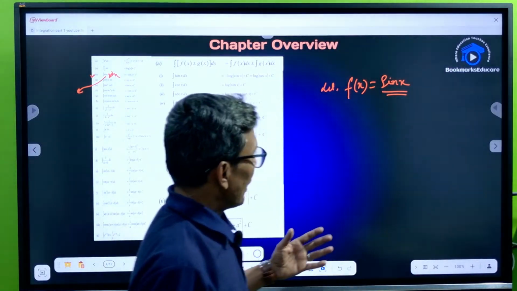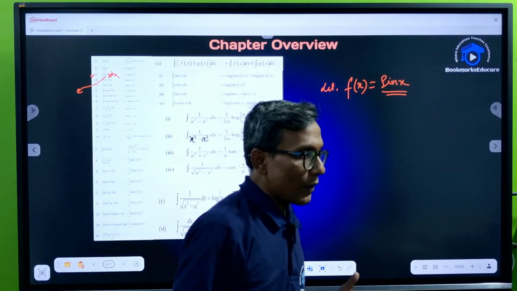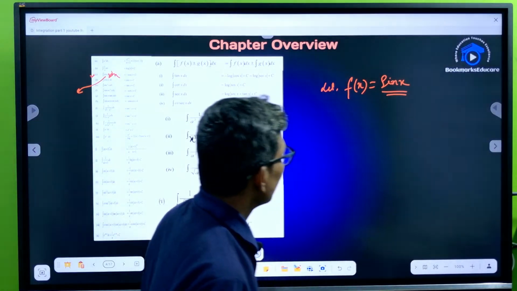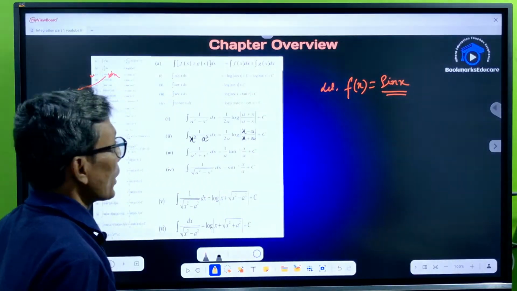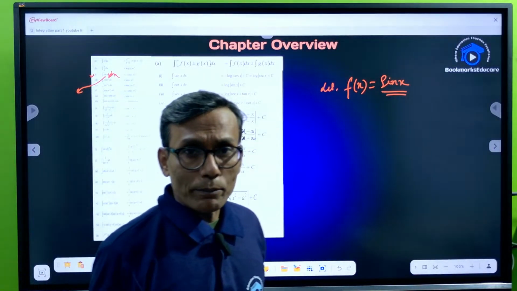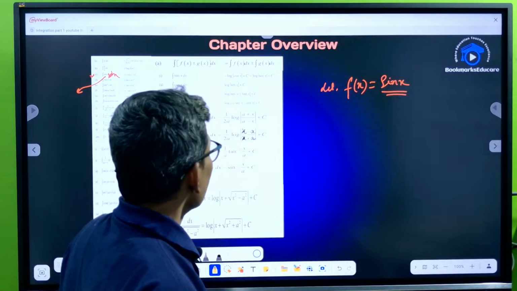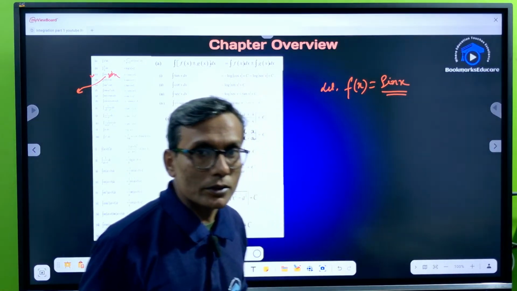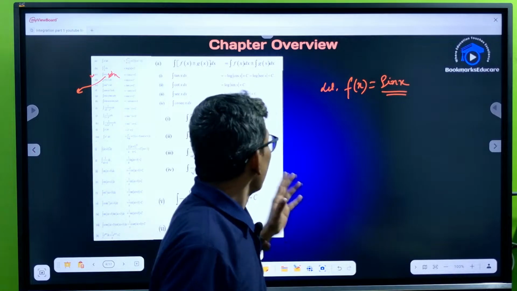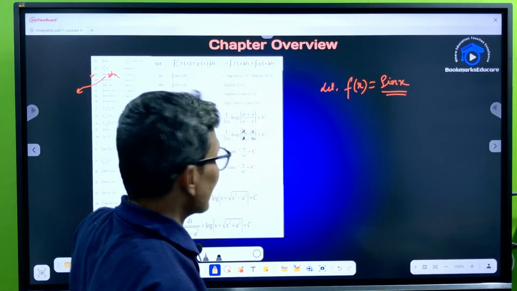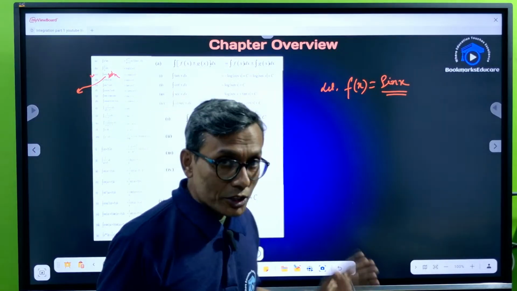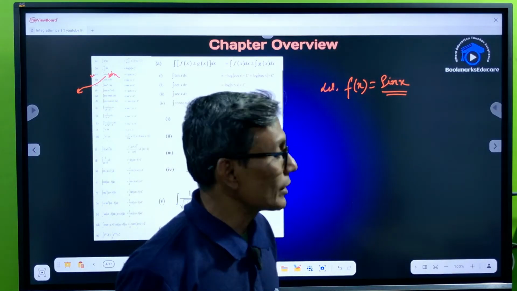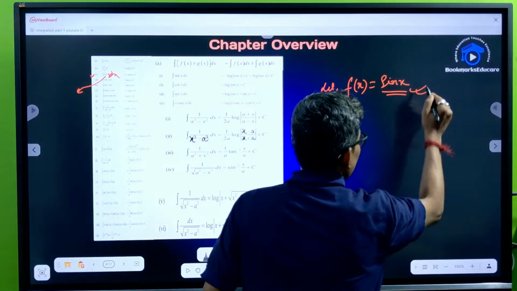So first of all, before finding the integration of sin x dx, we have to find the function whose derivative is sin x.